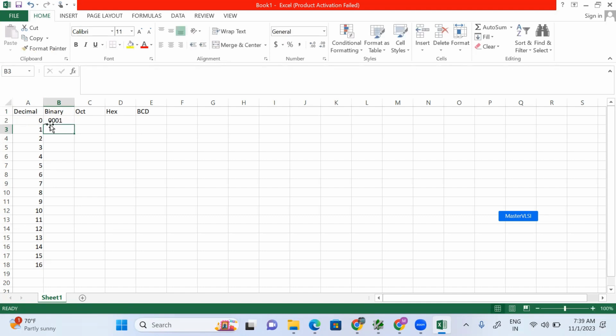I keep an underscore. The reason I wrote the underscore is that otherwise it is getting converted. 0, 0, 1, 0. 0, 0, 1, 1. Oh, sorry. 0, 0, 0, 1.